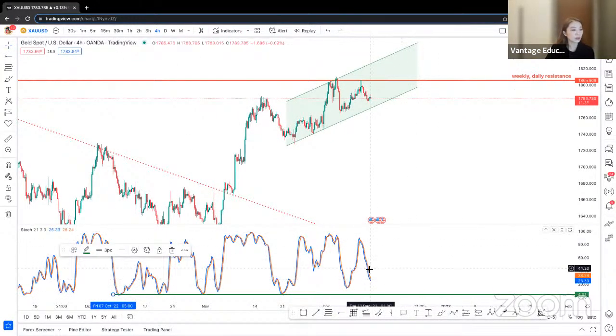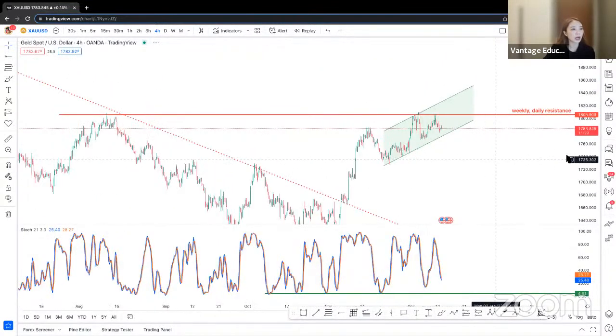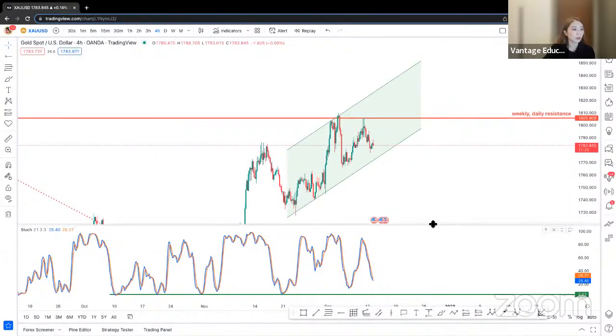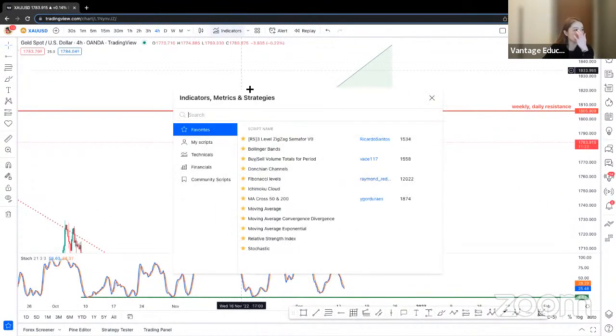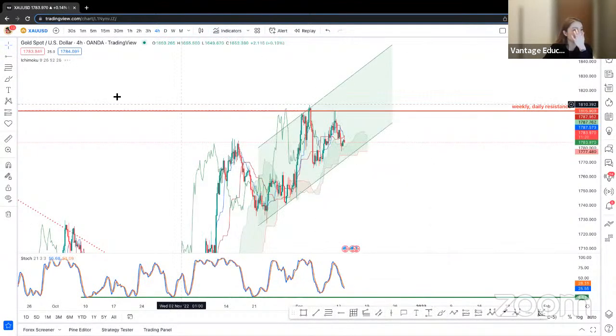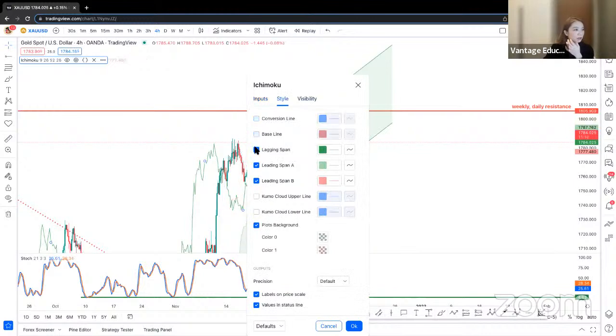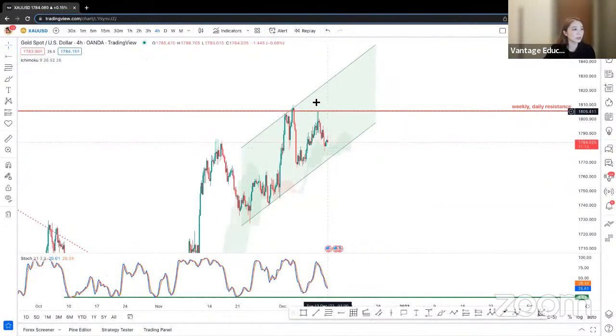Right. It looks like it's dropping down closer to the support, which I mean, we are looking at potential upward movement. Okay, that's pretty exciting. Let's take out our Ichimoku cloud as well. Looking at price above the clouds, very positive movement.